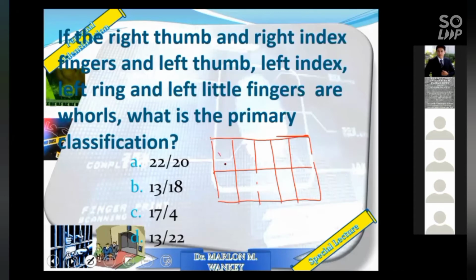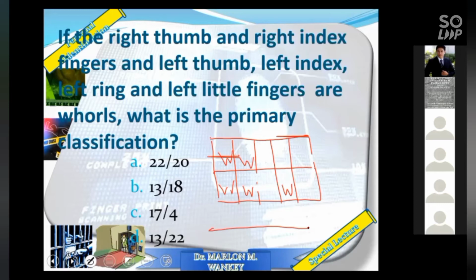So lagyan natin right thumb, right index, and then left thumb, left index, then left ring are whorls. Again, ulitin natin. Right thumb, check. Right index, check. And left thumb, check. Left index, check. Left little fingers, check. Are whorls. Okay?